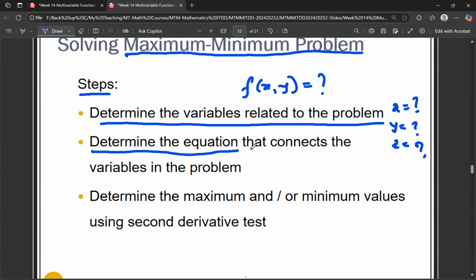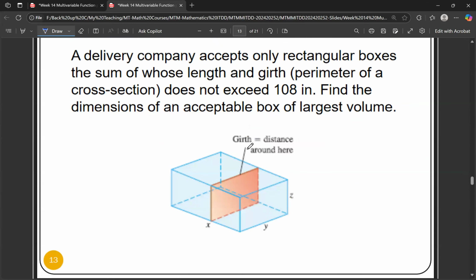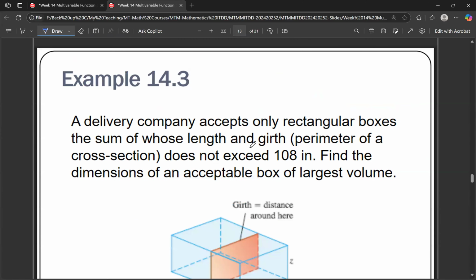In the second step, we must know the relation of them, and the equation occurs from the first step. And third, we must find the maximum or minimum values by using the second derivative test.